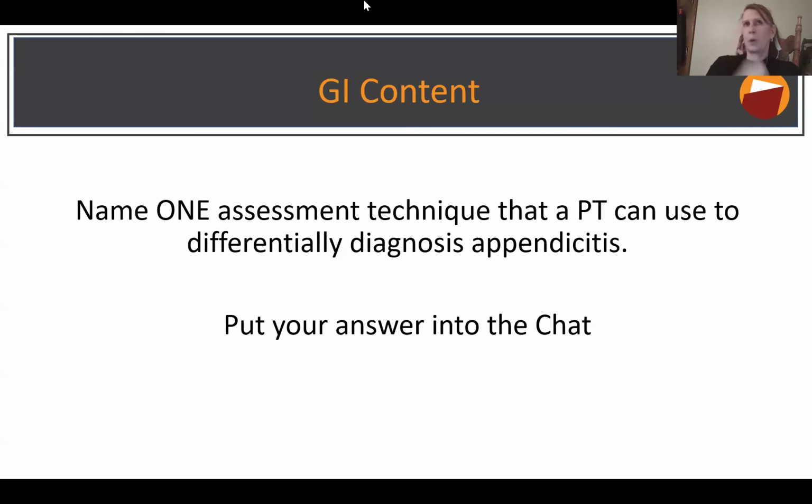I think in an appendix burst, they're going to treat them. They're going to make sure that opening from our GI system that's going into the peritoneum is not still there. They're going to treat them really well with antibiotics. I think once they are treated and everything's good, I don't think that would be coming back, but I would have to look at that.